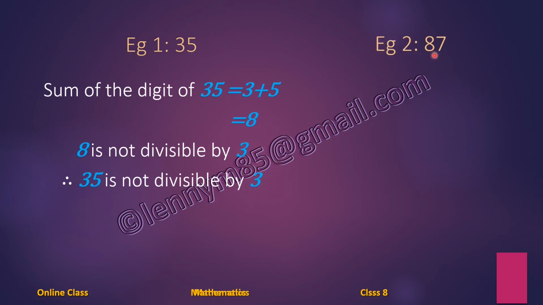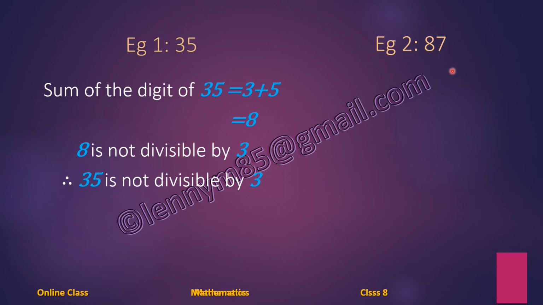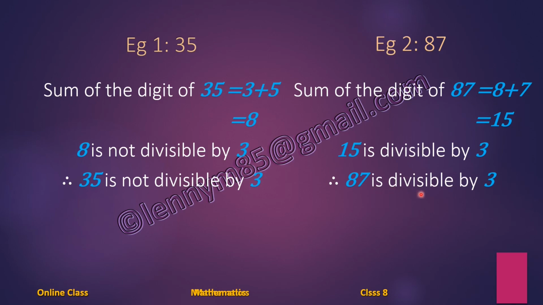Example 2: 87. Sum of the digits of 87 is equal to 8 plus 7. What is the answer? Answer is 15. 15 is divisible by 3. Therefore, 87 is divisible by 3.